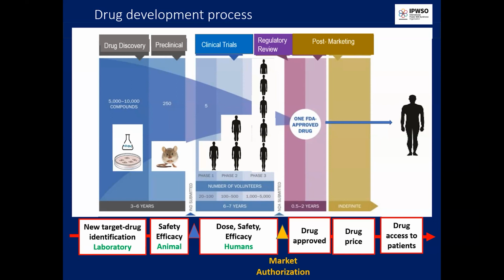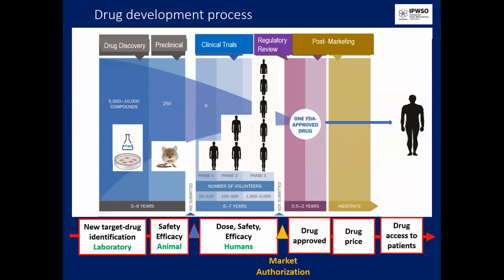And here, in addition to the safety of the drug, what is really important is to gather data about the efficacy of the drug. If this phase is successful, then a new drug application is going to be submitted to the regulatory agency, who is going, based on this data, to give a market authorization for the drug.